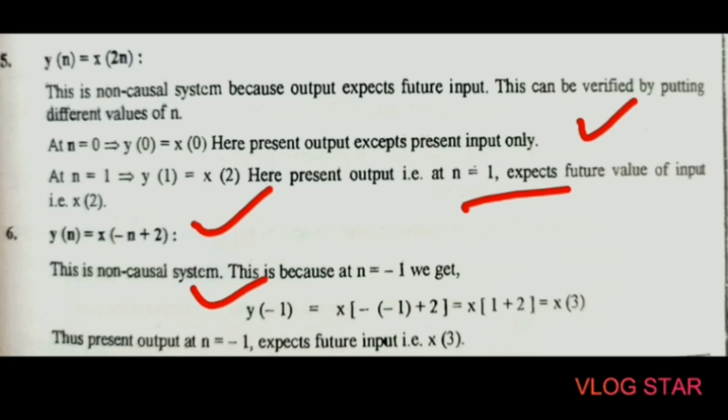This minus of minus becomes plus, so x of 1 plus 2 is equal to x of 3. Thus the present output at n is equal to minus 1 expects the future input, that is x of 3. Hence this is again a non-causal system because it depends on a future value.